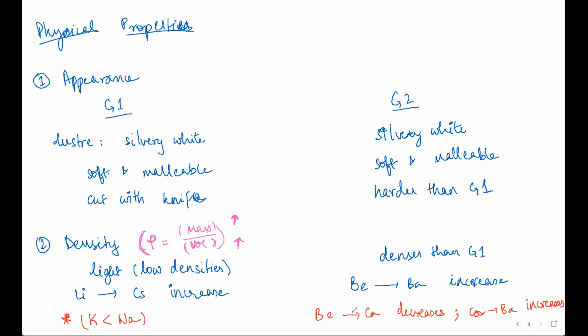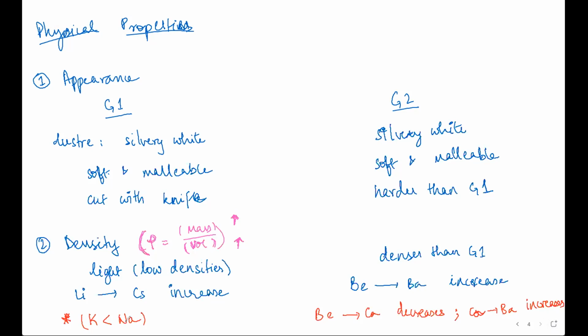Same is the case with beryllium, calcium, and calcium to barium. So wherever the increase in size overweighs the increase in mass, the density overall decreases. When the increase in mass overweighs the increase in size, the overall density increases. These trends were found based on the numerical values of densities only.